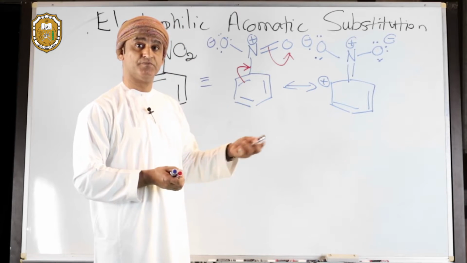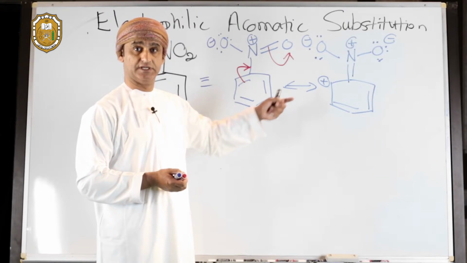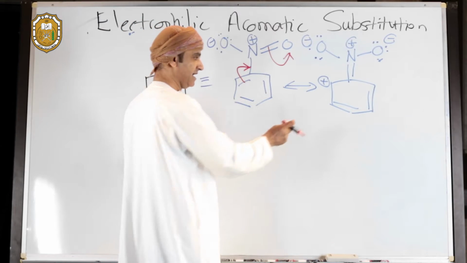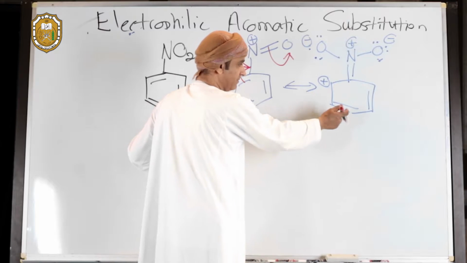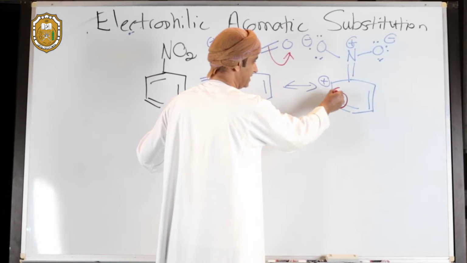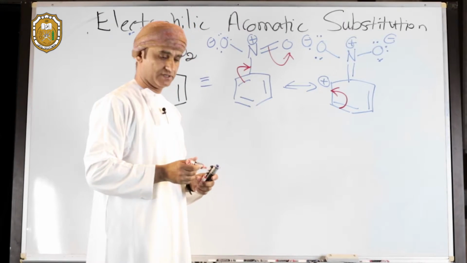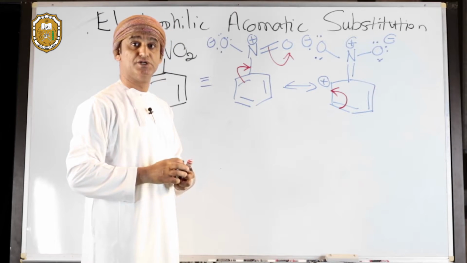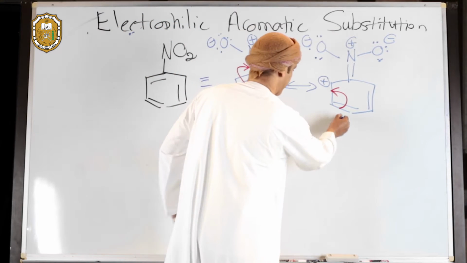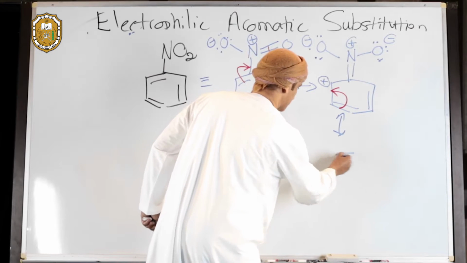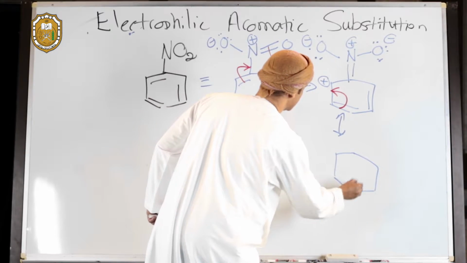We can continue with the delocalization of the charge by breaking this carbon-carbon double bond and making a double bond here in order to make that carbon, which is positively charged, neutral. If we do that, we get another resonance form.